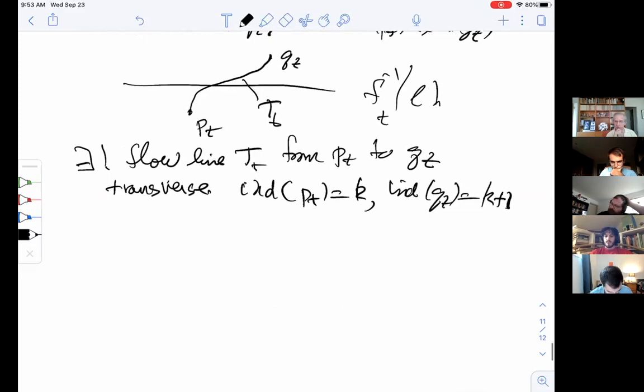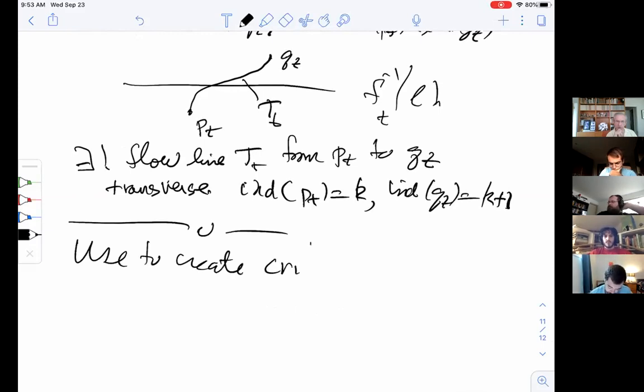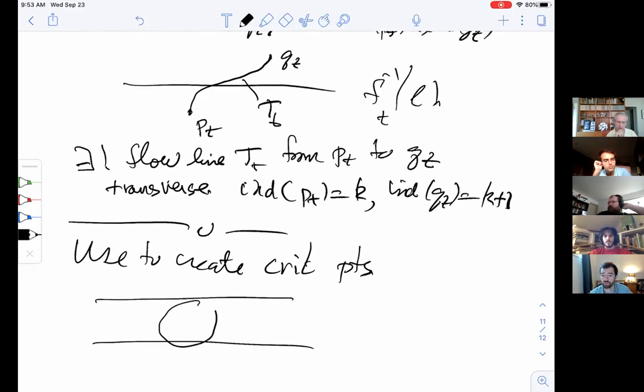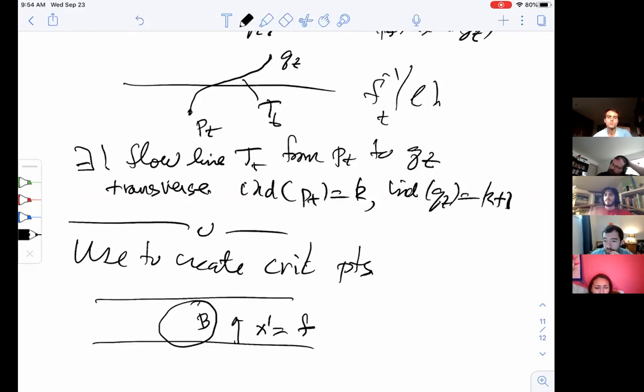So let me just show you how you use the birth theorem to create critical points. Suppose we have a Morse function, and here's a region with no critical points, and here's a ball, no critical points. And we have coordinates in this region so that the function is simply x1. We're away from any critical points. So take the ball out and put in one of these f_t for positive t.